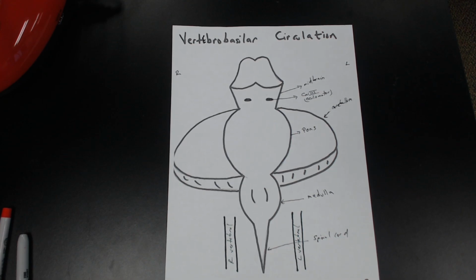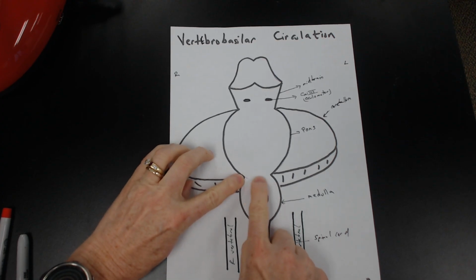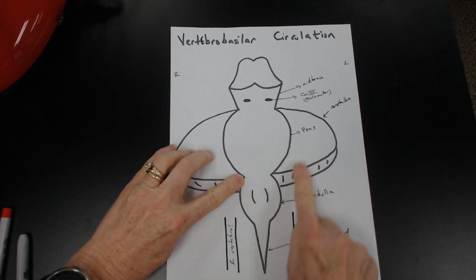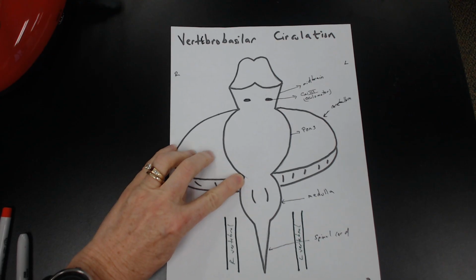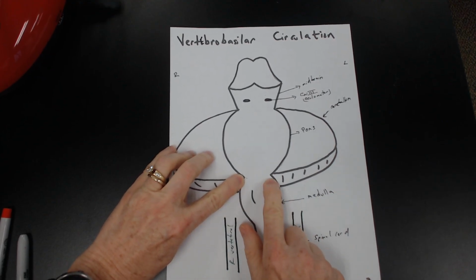And I talked about, and I guess Ben asked the question about where in the body do these arteries come together to form the basilar? And the answer to that question is right here. You see that this point right here is called the pontomedullary junction. So in other words, it's where the pons meets with the medulla.